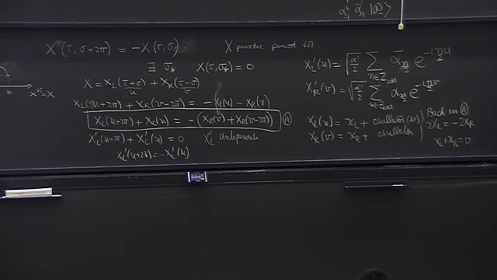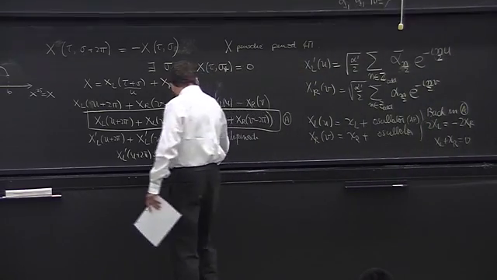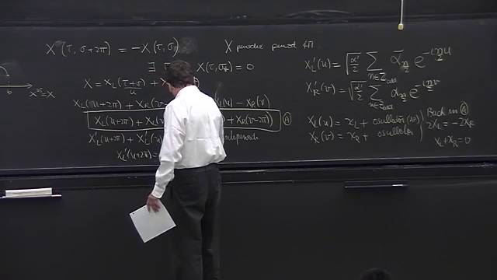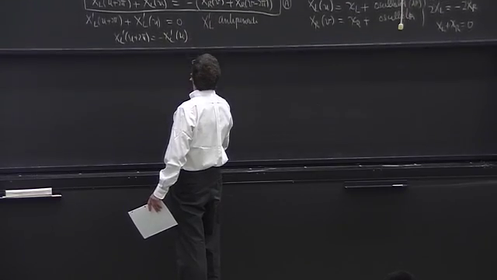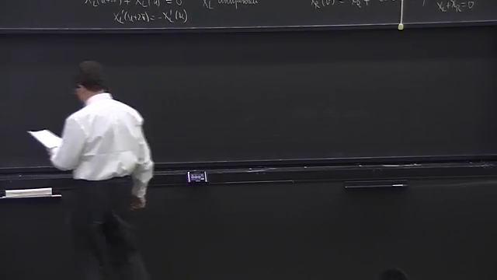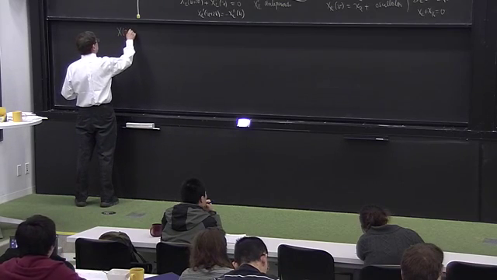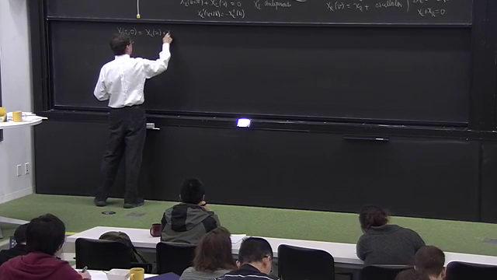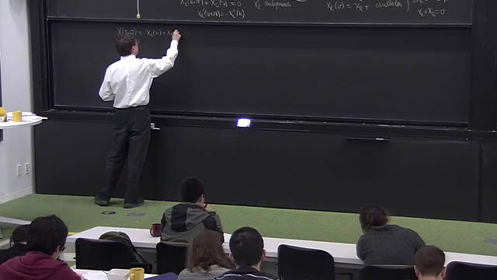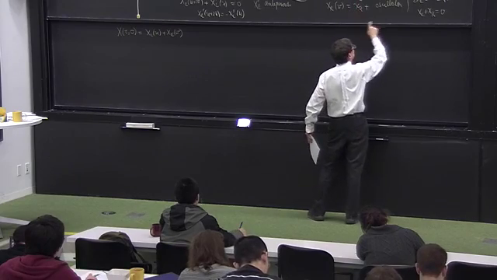So when we add up the two of them, let's now continue. x of tau and sigma is going to be x left of u plus x right of v. And I must add these two, but you get x left plus x right are 0.